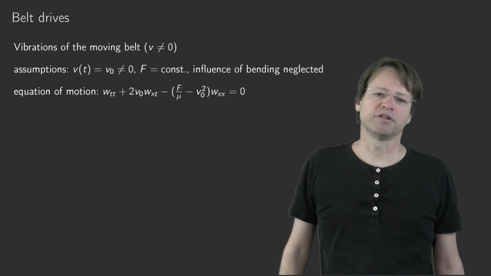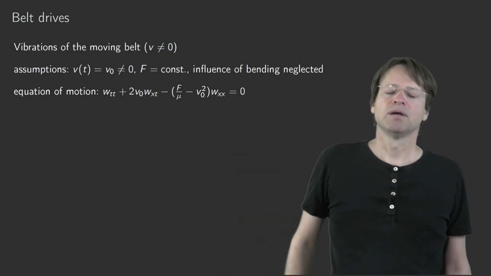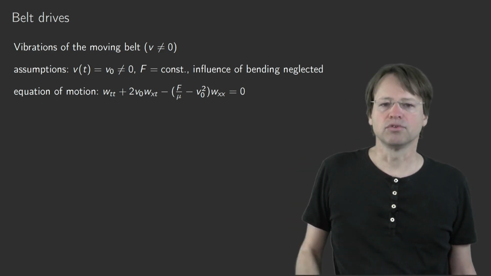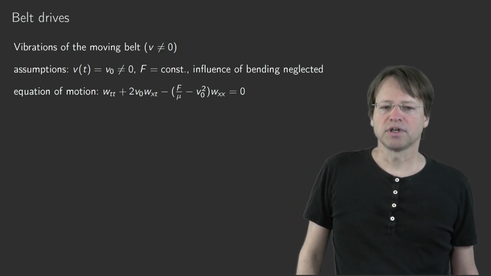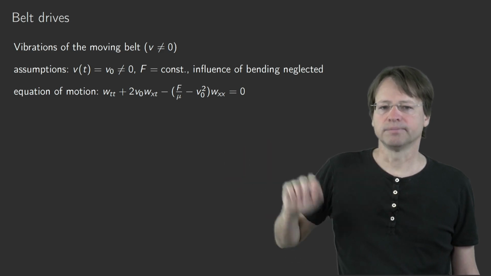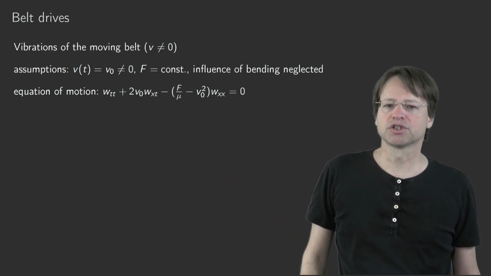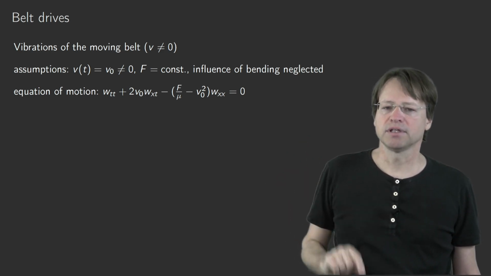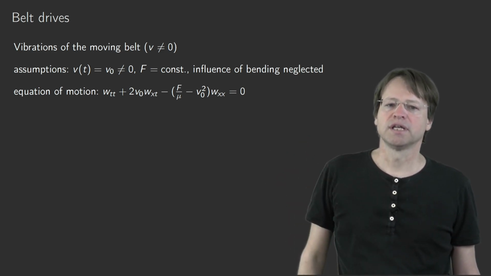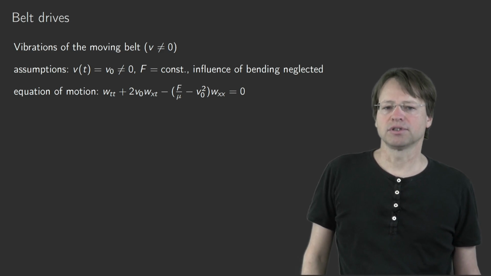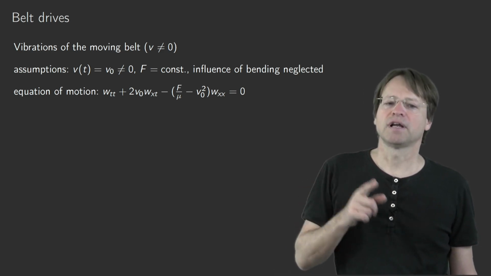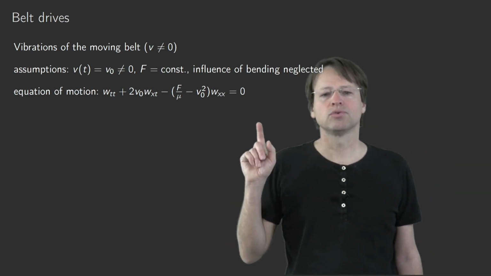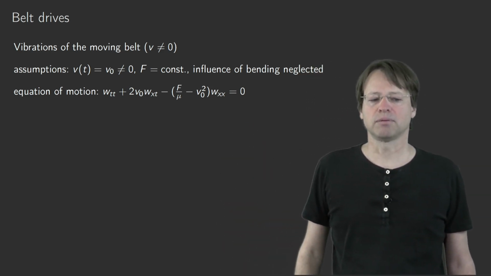But we can add, and this is also something new that you have not seen for ordinary differential equations, so for classic vibrations, a time dependence in the boundary conditions and apply a forcing via the boundary conditions. So I would like to consider with you two sets of boundary conditions for that problem.